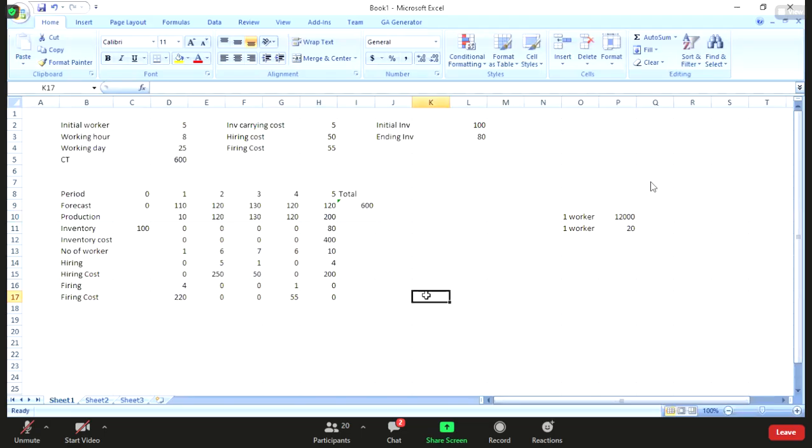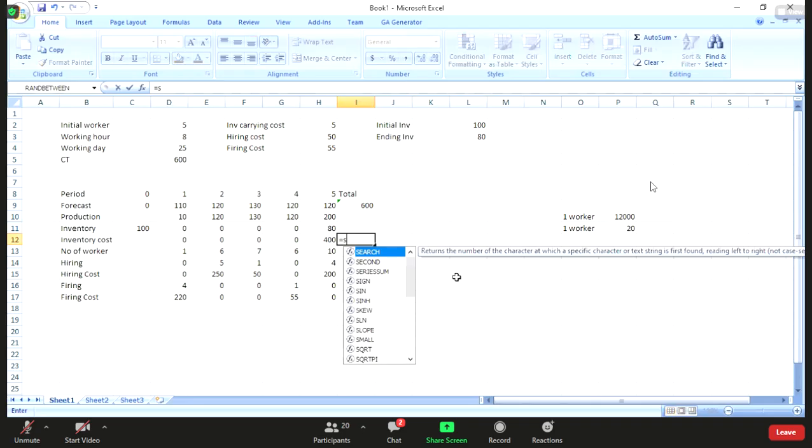Theoretically, if we implement this strategy, the inventory cost and also the lost sale cost will be lower. See, the inventory cost is close to 0, except for the last period, because at the last period the company expects to have 80 units. No choice, we need to follow the policy. So here we can calculate the total inventory cost, the sum of that inventory cost.